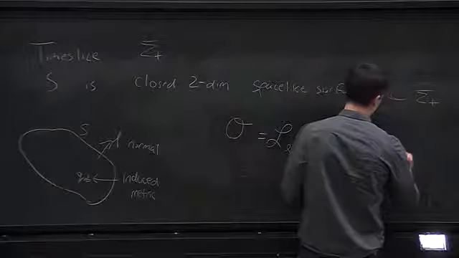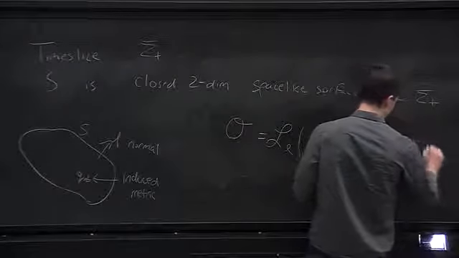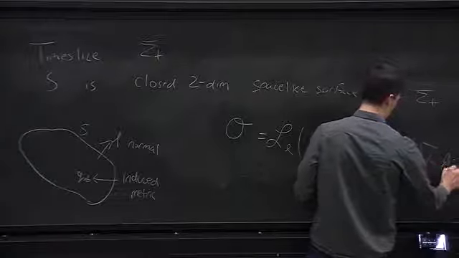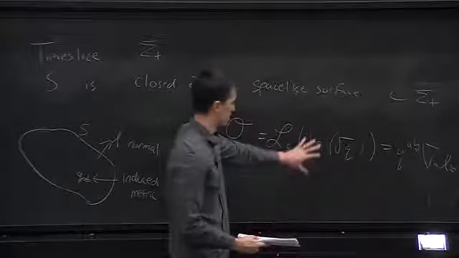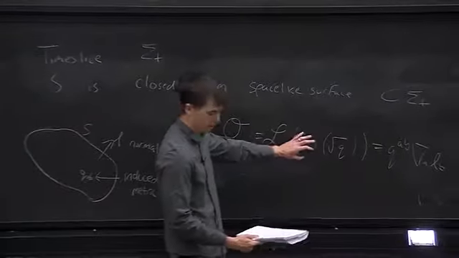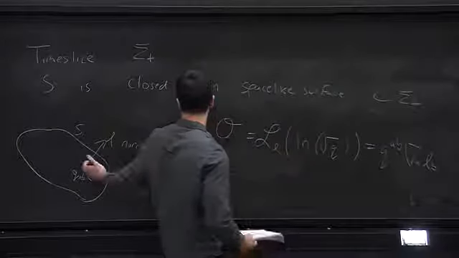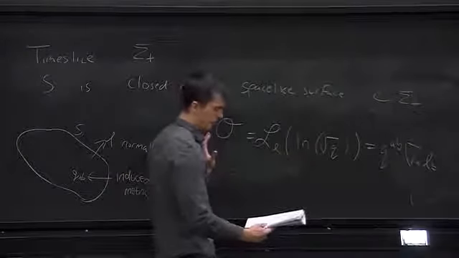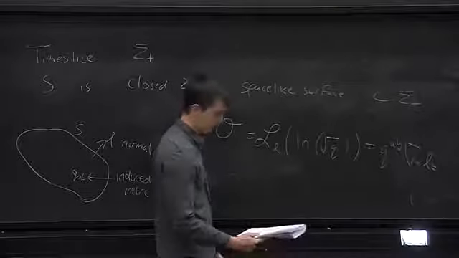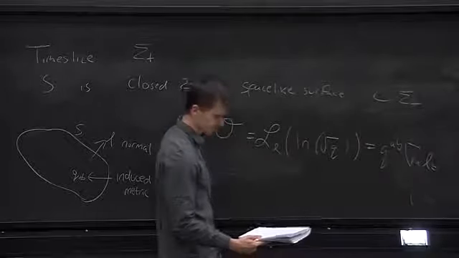And so that's actually equal to just this. Basically, this is just the fractional change in area of the surface S when you move in the direction L. So that's what we call the expansion.